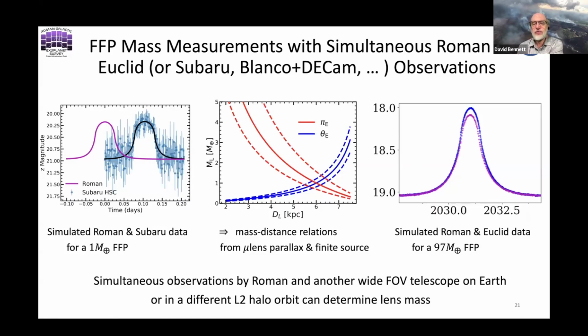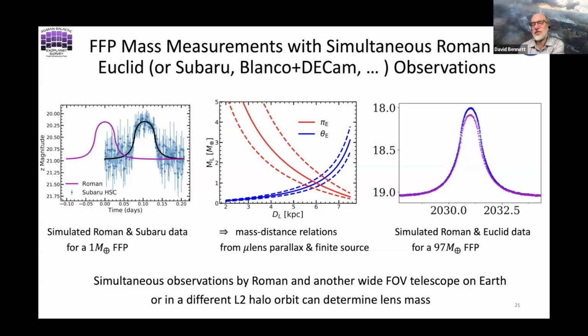So there's not a huge difference, but it would be unfortunate if Roman ends up in an L2 orbit that is very close to the Euclid orbit.